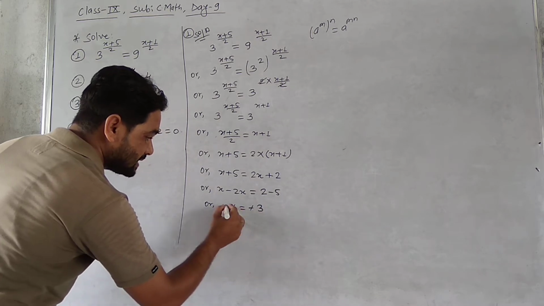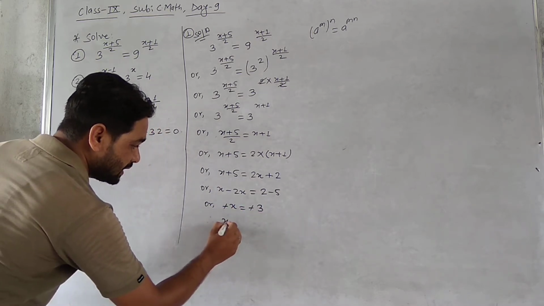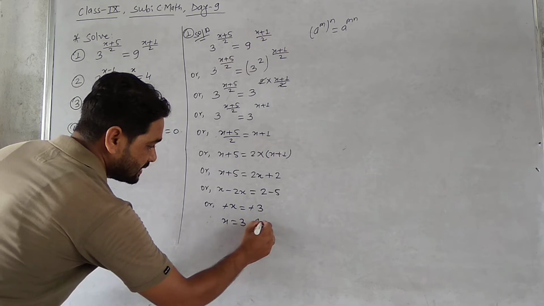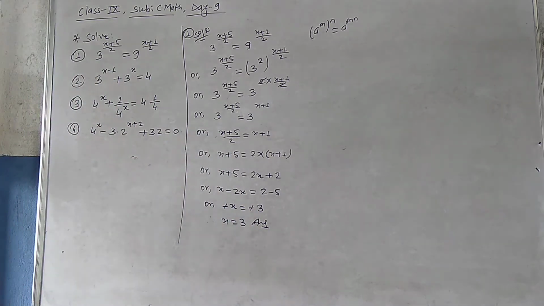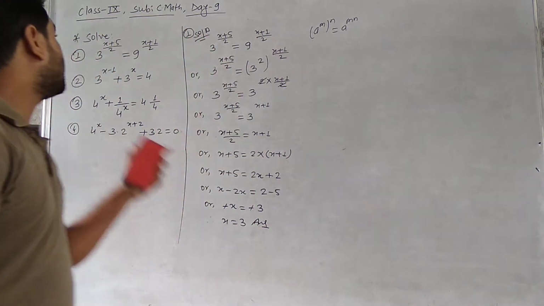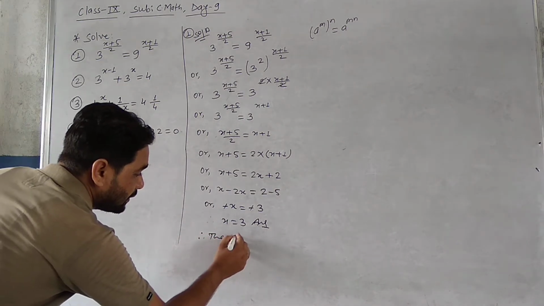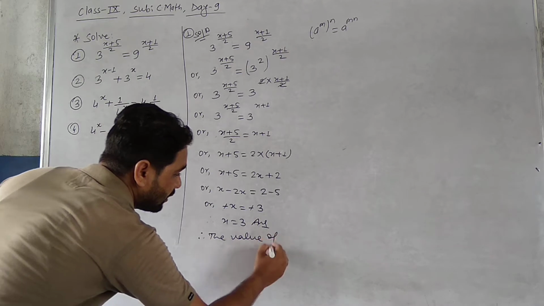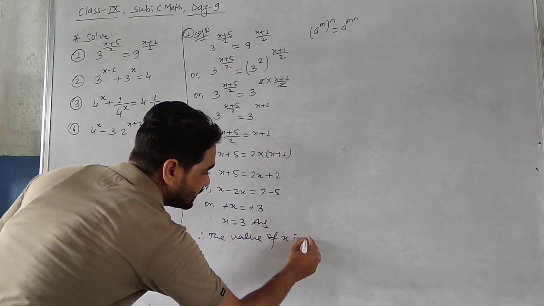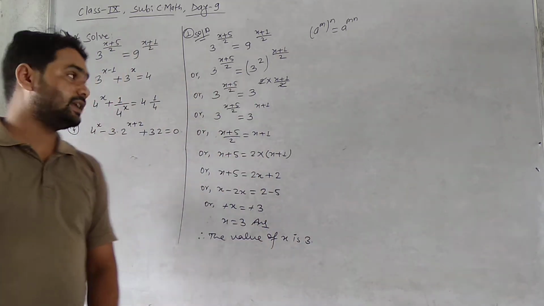Minus and minus cancel, therefore x equals 3. This is the required answer for question number 1. Lastly we write, therefore the value of x is 3.